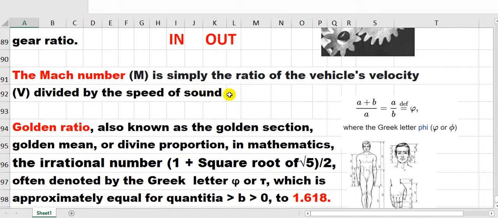If the Mach number is smaller than 1, we call this subsonic. If more than the speed of sound, we call it supersonic. If more and more, hypersonic. Okay, so there are many definitions for this ratio.